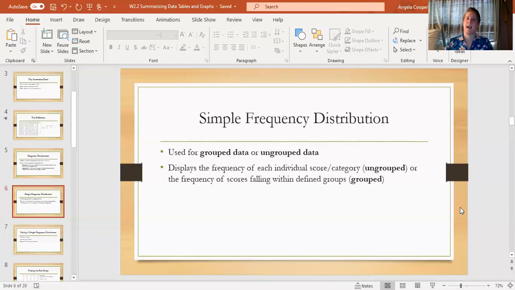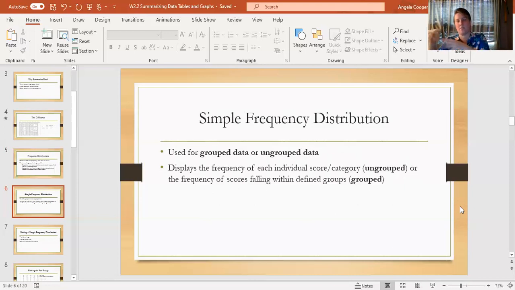So a simple frequency distribution, again, is used for both grouped data and ungrouped data. It's essentially just a table that shows how many people are in each interval for grouped data or in each category for ungrouped data. So how many 17 to 22-year-olds do we have? Oh, 2,500 or whatever. And how many 23 to 28-year-olds?